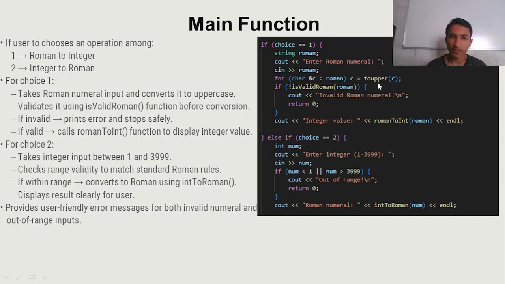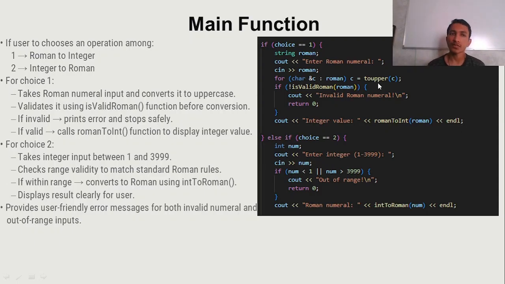Then we will check the validity of the Roman number by the function we defined earlier as validRoman, and it will return whether it is valid or invalid. If it is invalid, it will output that the number entered by the user is an invalid Roman number. Finally, we will convert it to an integer value using our function romanToInt. We will feed roman to it and we will get our integer value corresponding to the Roman number.